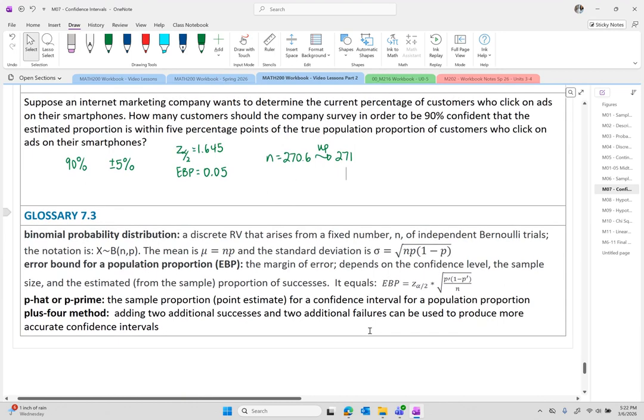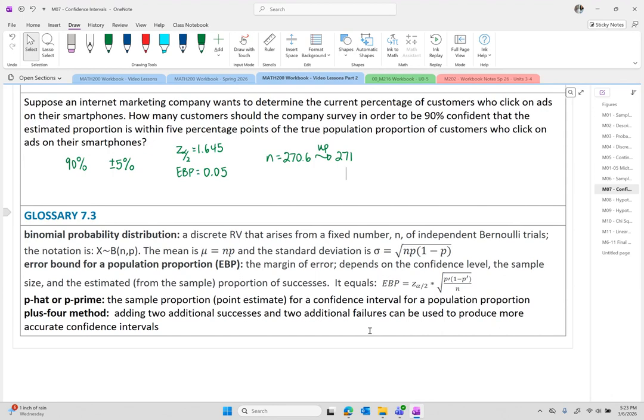Let's refresh our memory. What was the glossary for section 7.3 on the confidence interval for the true population proportion? We talked about the binomial probability distribution, and the error bound for the proportion as the margin of error also for the proportion, and the formula for how to find it, which is also in our final exam packet.